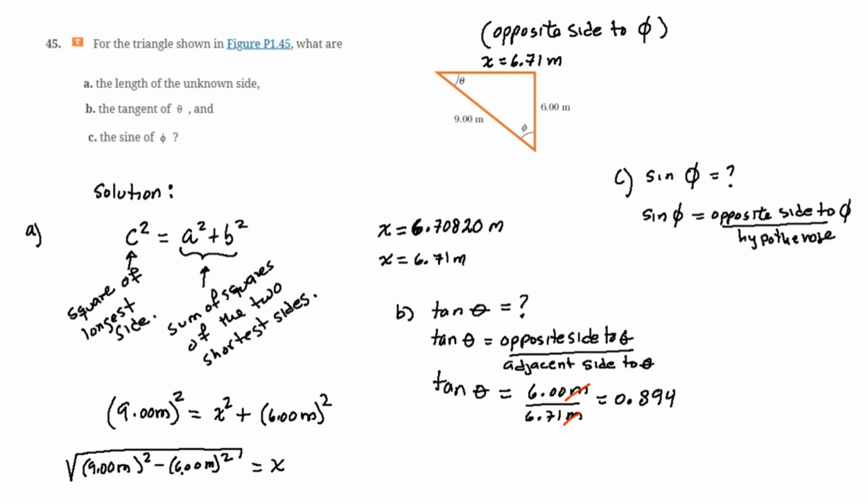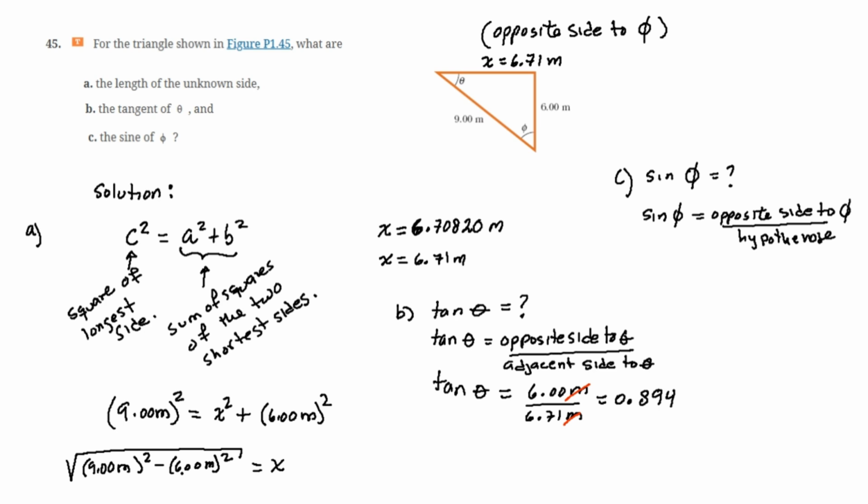The side that was adjacent to angle theta is now opposite to the angle phi. Angle phi is the complement of theta, because we have a right triangle. So the adjacent side to theta is the opposite side to phi.